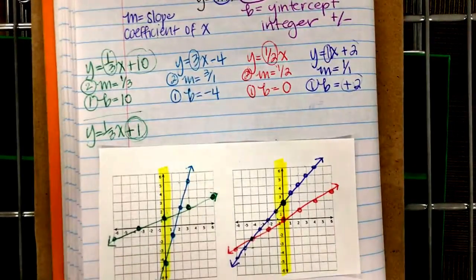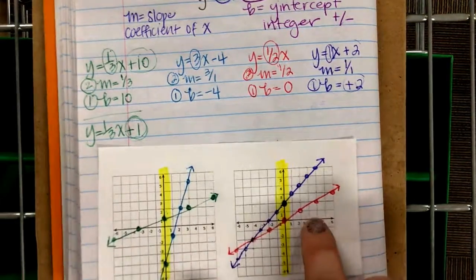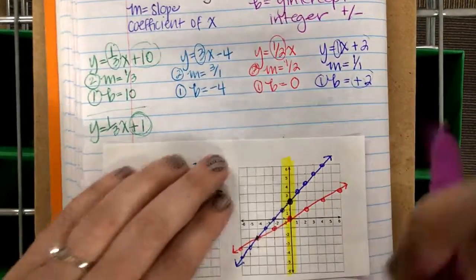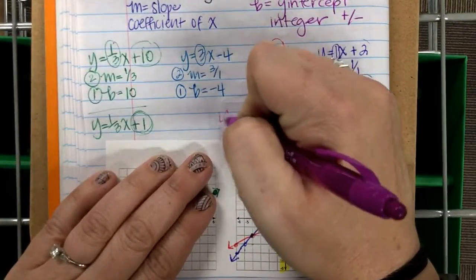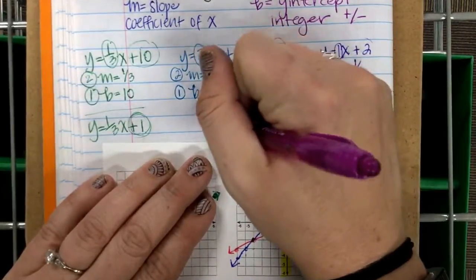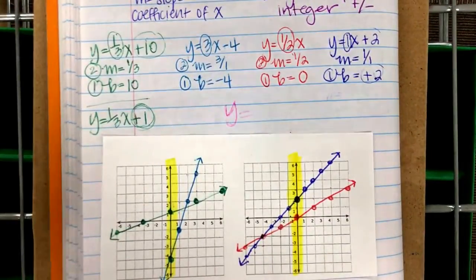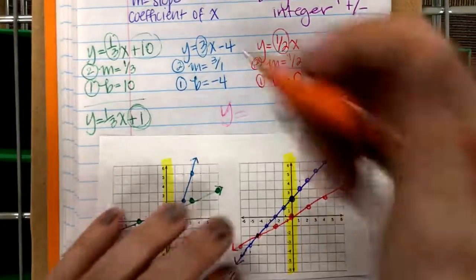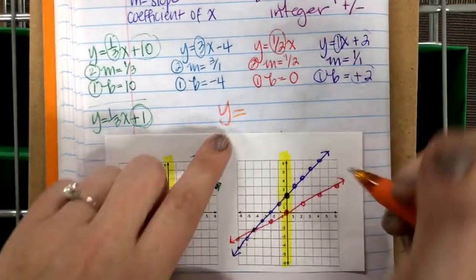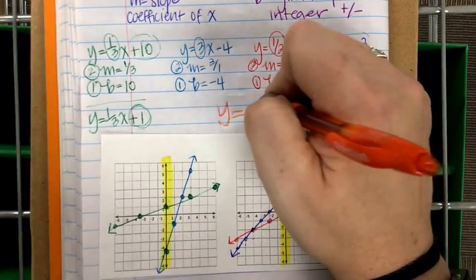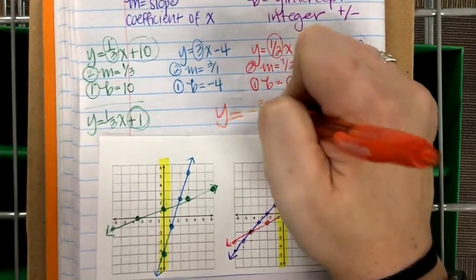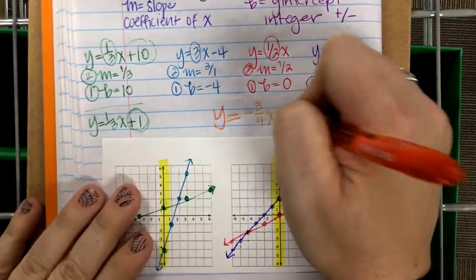I'm going to give you another one to practice. Let's put it on this one again. Try to do this one. Y equals, uh-oh, I ran out of ink on that. Y equals, let's do negative 3/4 x plus 5.